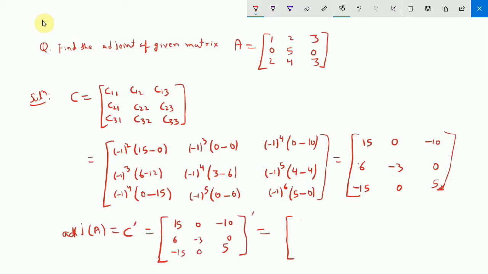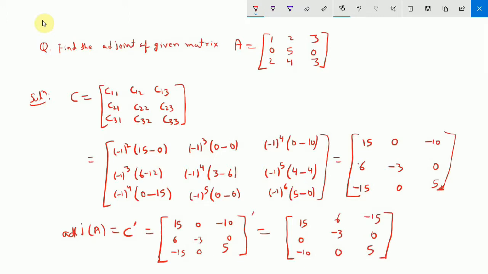So it will become 15, 0, minus 10, then 6, minus 3, 0, and the third column will be minus 15, 0, 5. Okay friends, so this is the adjoint of the given matrix A.